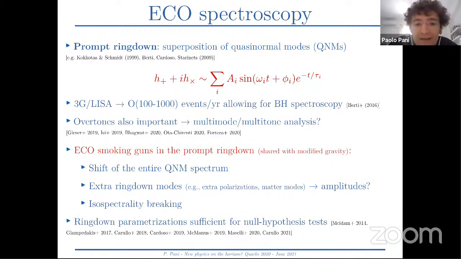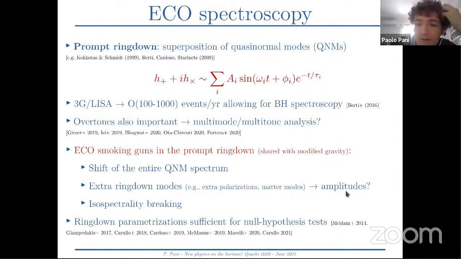And in general, if the final object is not a Kerr black hole or is not a black hole at all, there will be some signature. One, of course, is that the spectrum, that for a Kerr black hole depends only on mass and spin, would be different. Another one is that there might be other modes, due to extra polarization, for example scalar modes or fluid modes that might be excited.